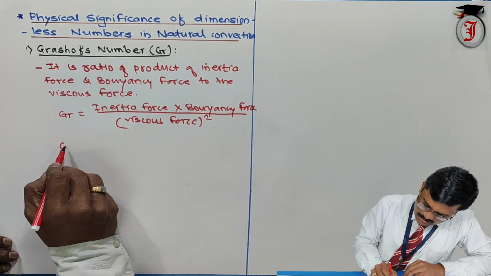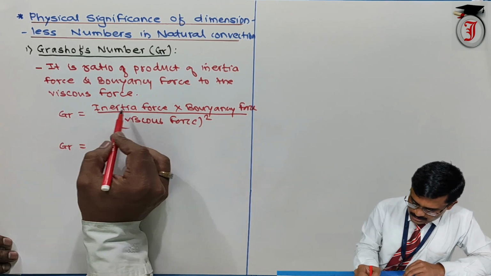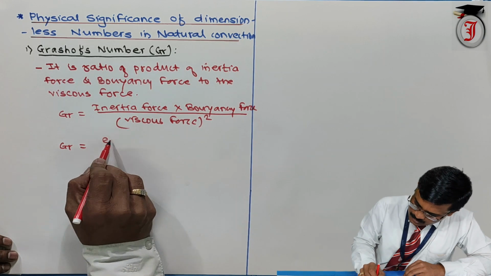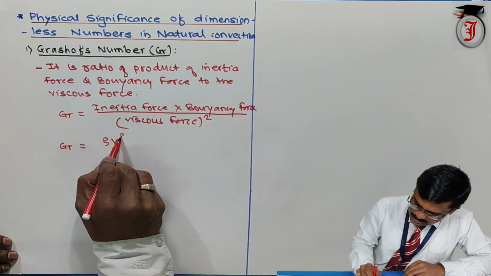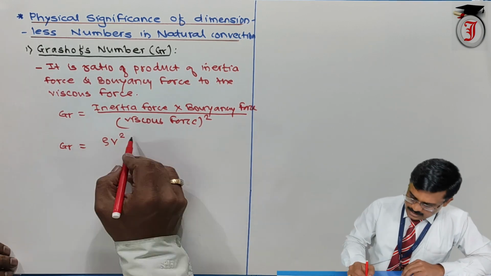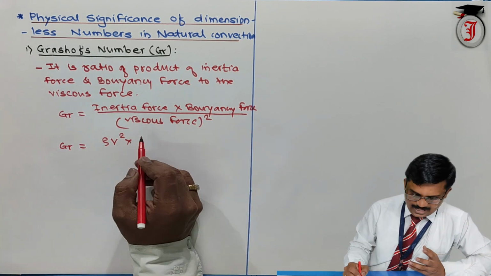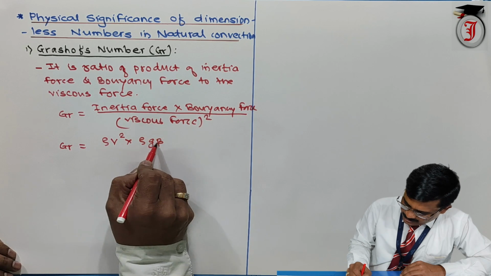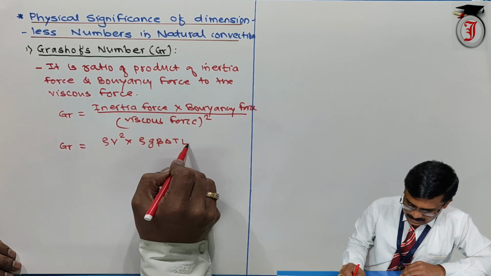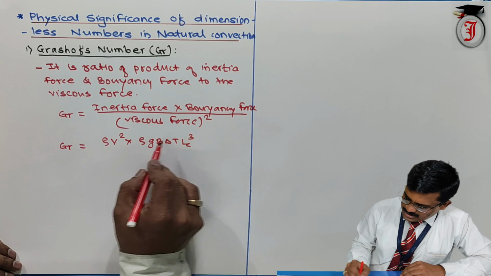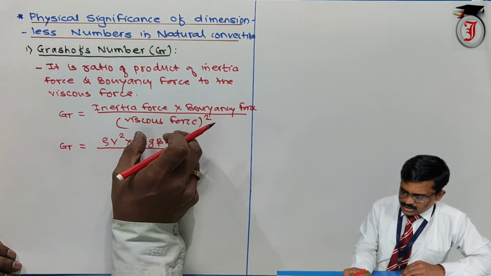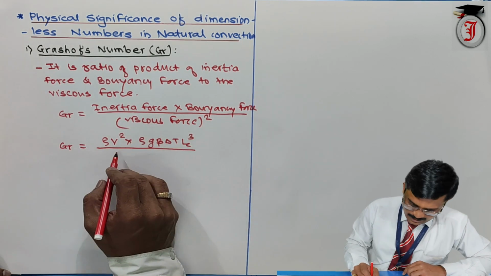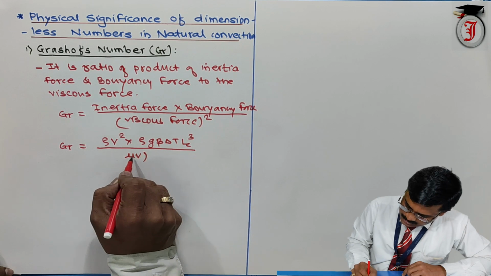So GR is given by, we have inertia force is given by rho, density, into velocity square, into buoyancy force, which is calculated by using one formula, rho g beta delta T LC cube. LC is the characteristic length, divided by viscous force, which is given by mu v square.